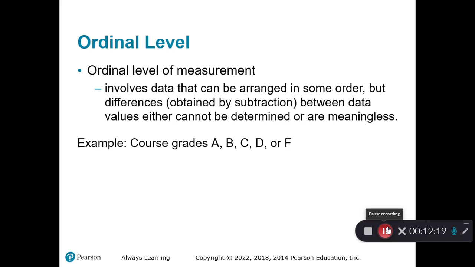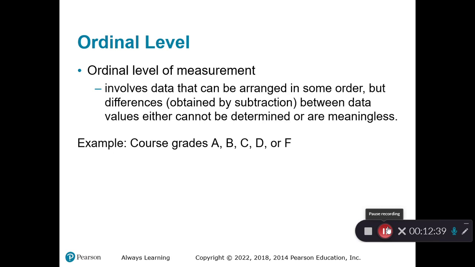This one's a little bit harder to explain, so I'm going to give you some examples. Let's start with the one here on the slide. Your course grade, for instance: you can earn an A, B, C, D, or F in a course, and I think we all would agree earning an A is stronger than having earned a B, earning a B is stronger than a C, etc.